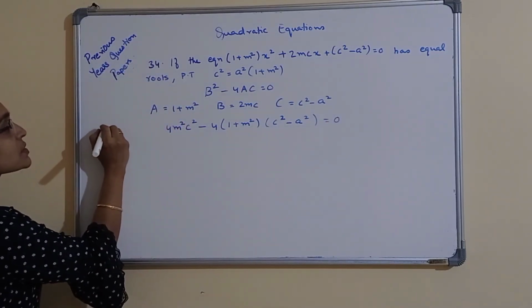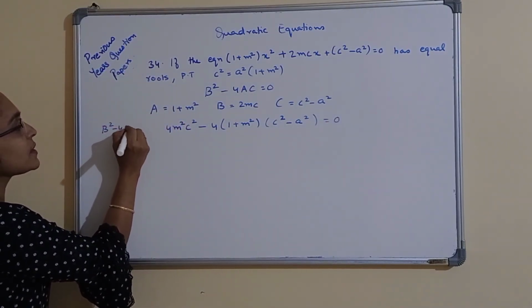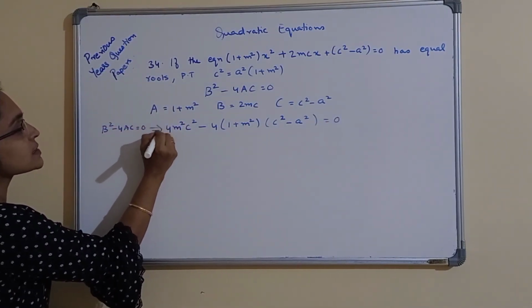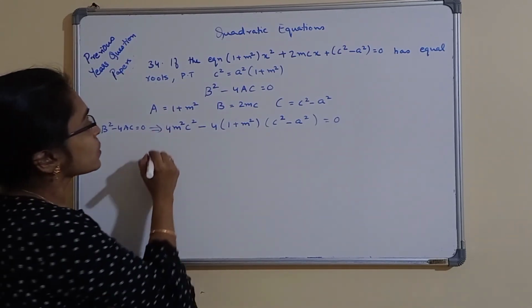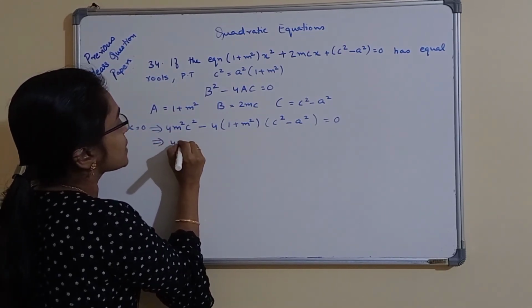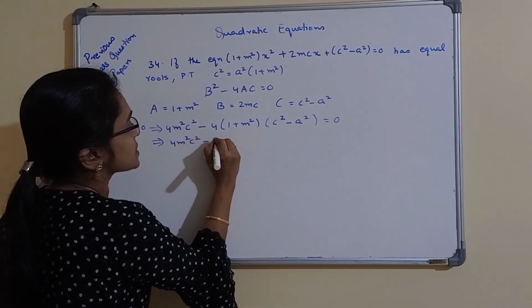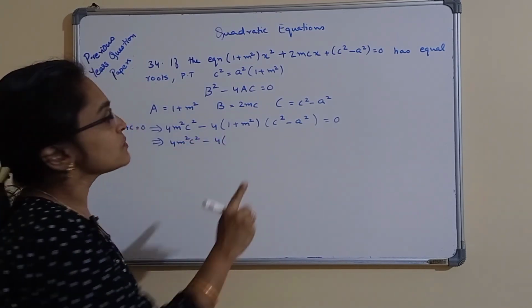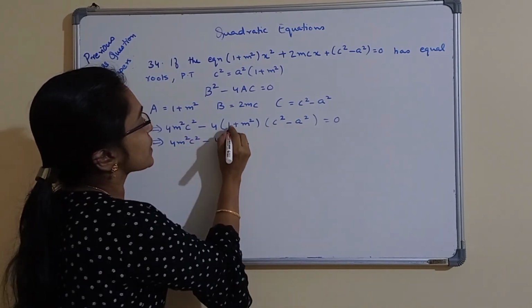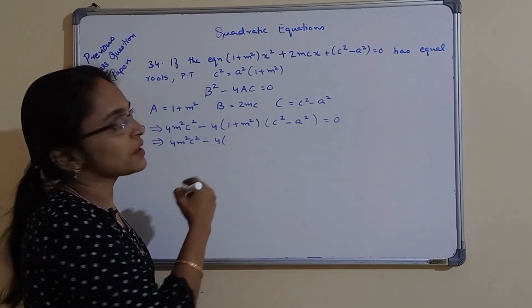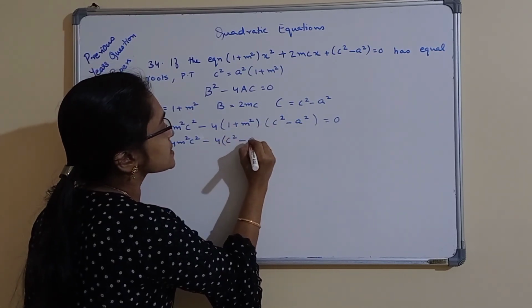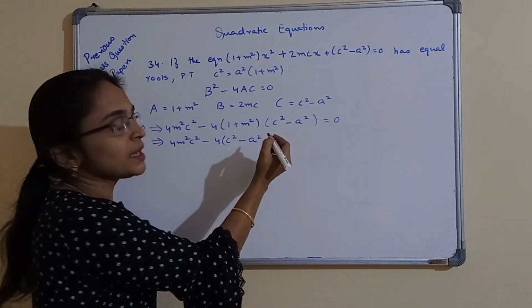We can write b square minus 4ac equal to 0 implies. Okay. Now this implies 4m square c square minus 4 into 1 plus m square into c square minus a square. So we can multiply first by 1. C square minus a square, then multiply by m square.